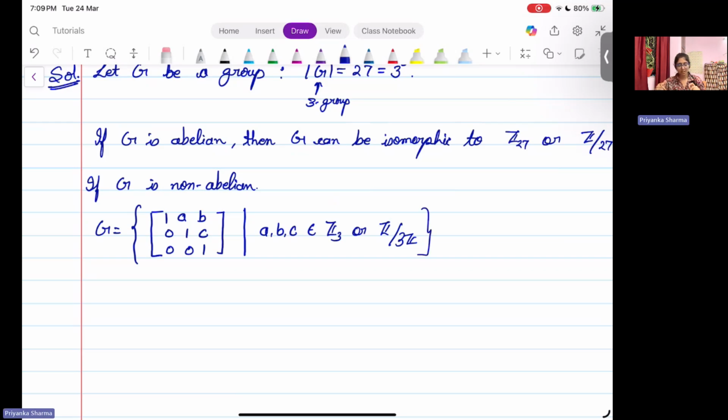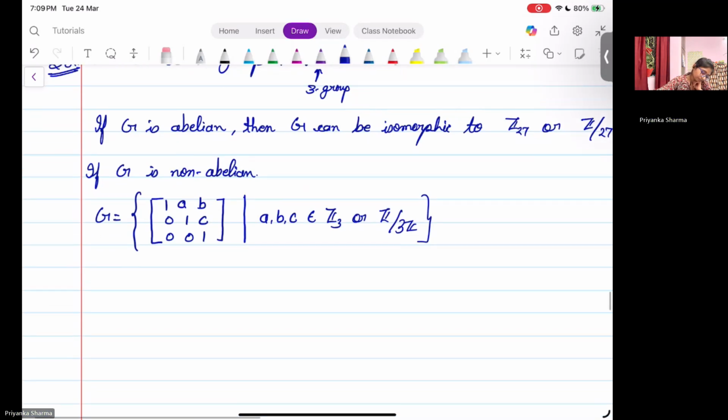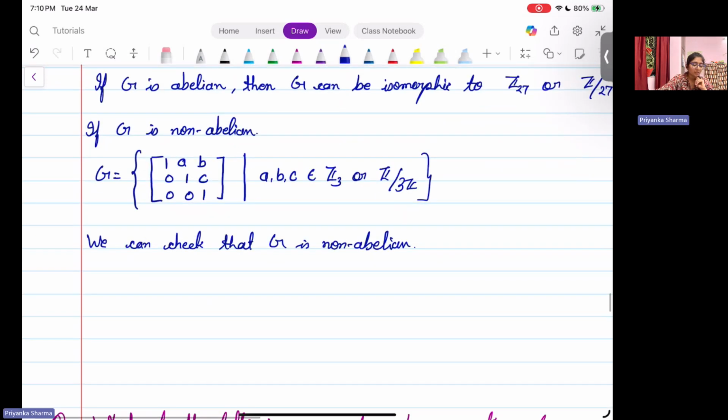Both the groups are isomorphic. We can check that G is non-abelian, because we are having 3 by 3 matrices, and matrix multiplication is in general non-commutative.